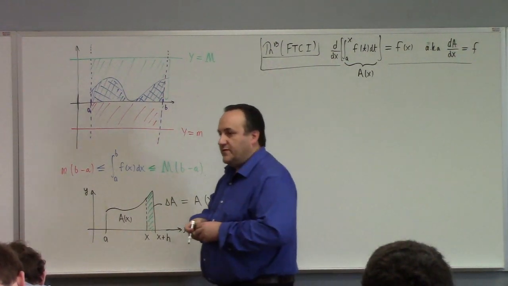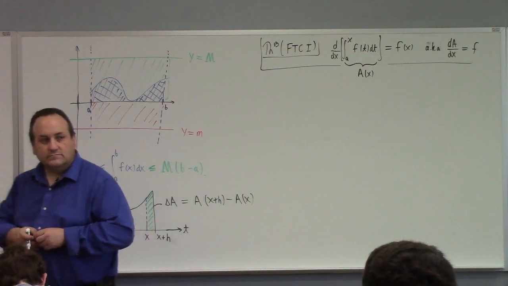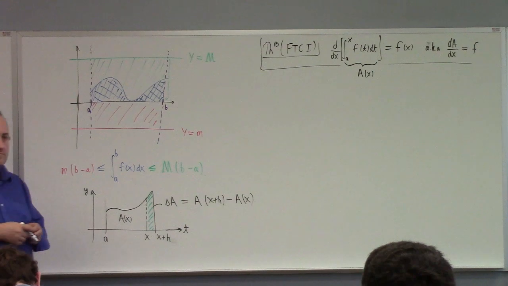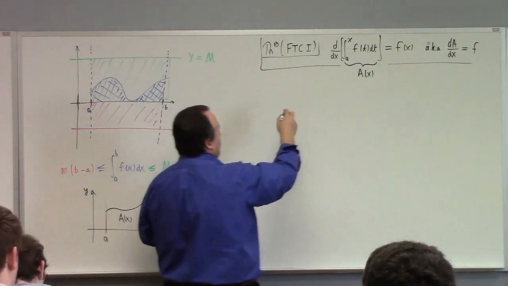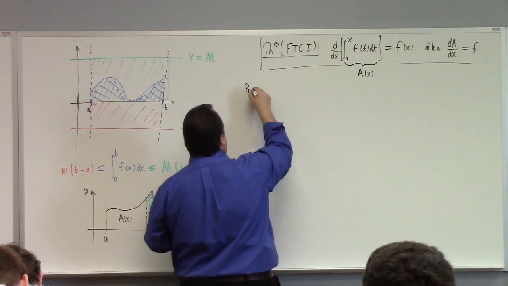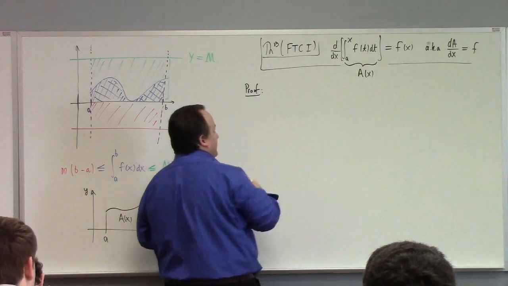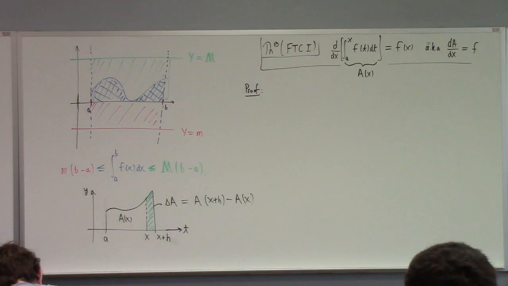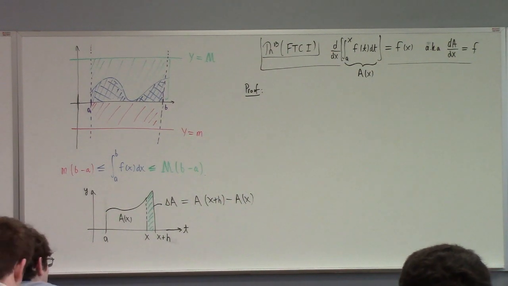So how do you calculate a derivative? The proof is going to rest on us calculating the derivative of the area function. So let's walk through how to do that.